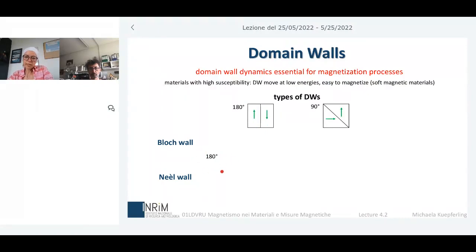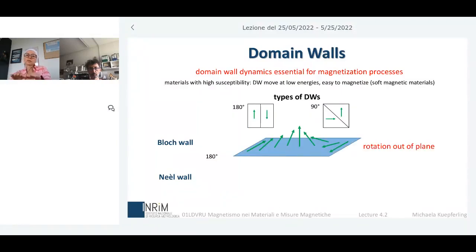For these 180-degree domain walls, you will very often hear about the so-called Bloch walls and Néel walls. What are these different kinds of walls? If you think about, for example, a magnetic thin film, it's the easiest way to describe this. Think about a magnetic thin film, and you have the magnetization lying in the film plane.